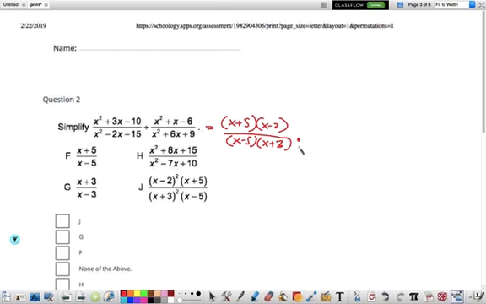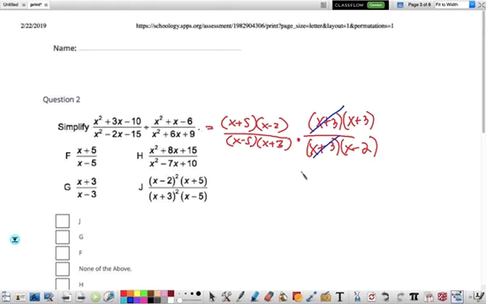The reciprocal, this piece on bottom is now going to be on top. That factors into what? Yep, x plus 3, x plus 3. Good, so if you can factor these, then you're doing really well, because factoring is the hardest part of this.